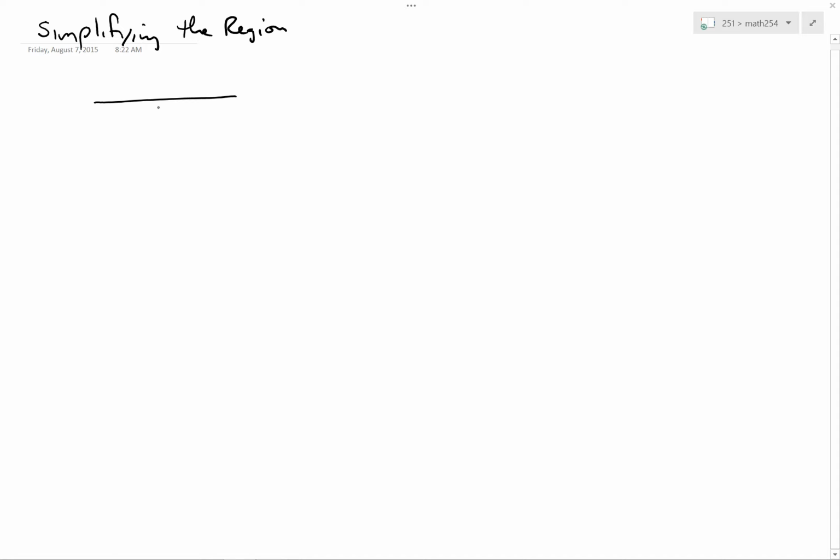So in other words, the region might have been bounded by something like this. It might have been some kind of goofy looking parallelogram. This parallelogram might be my region. But my region is in the XY plane.